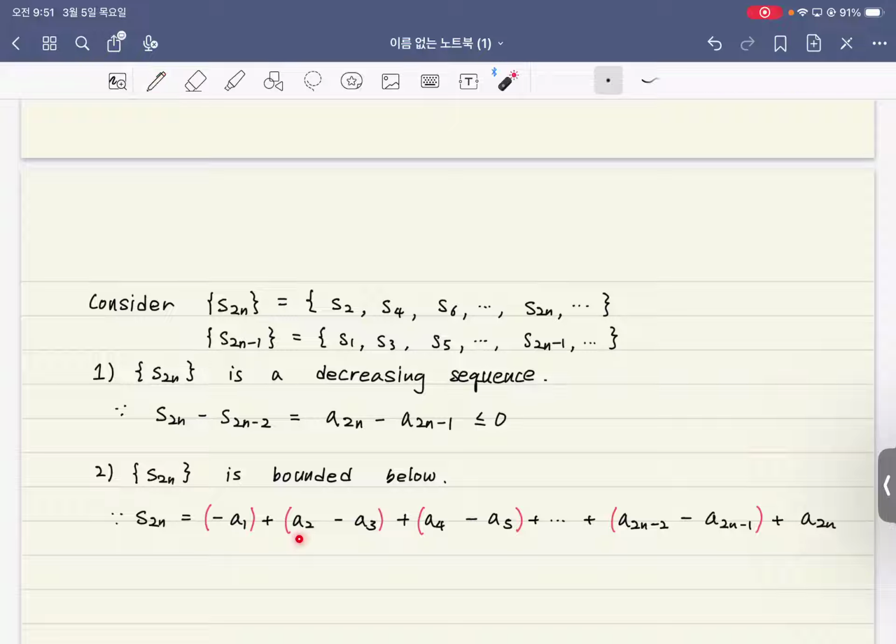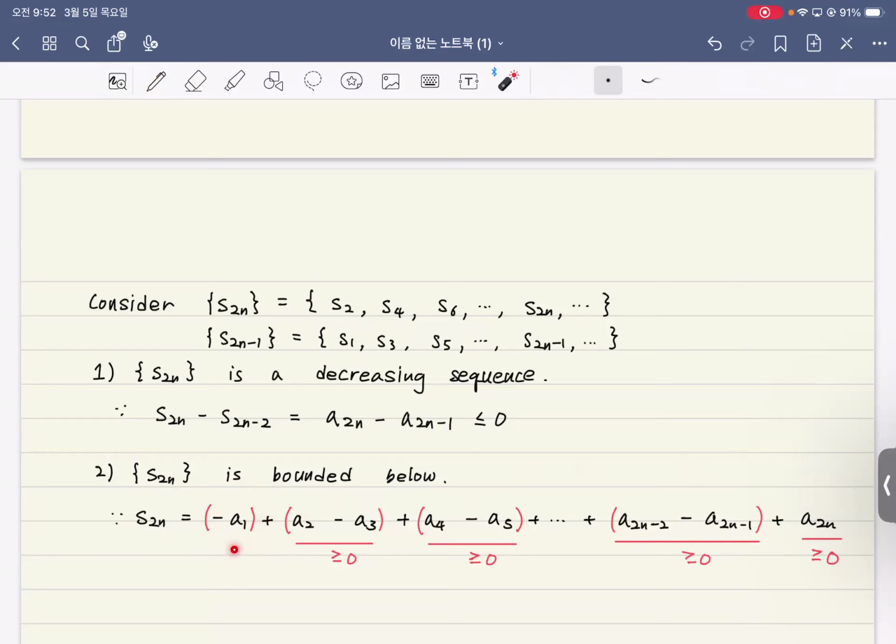You have to remember that the sequence AN was a decreasing sequence, right? So I am pretty sure that this is non-negative, and the second parenthesis is also non-negative, and this is also non-negative, and the last one is also non-negative. They are all non-negative numbers except for the first guy.